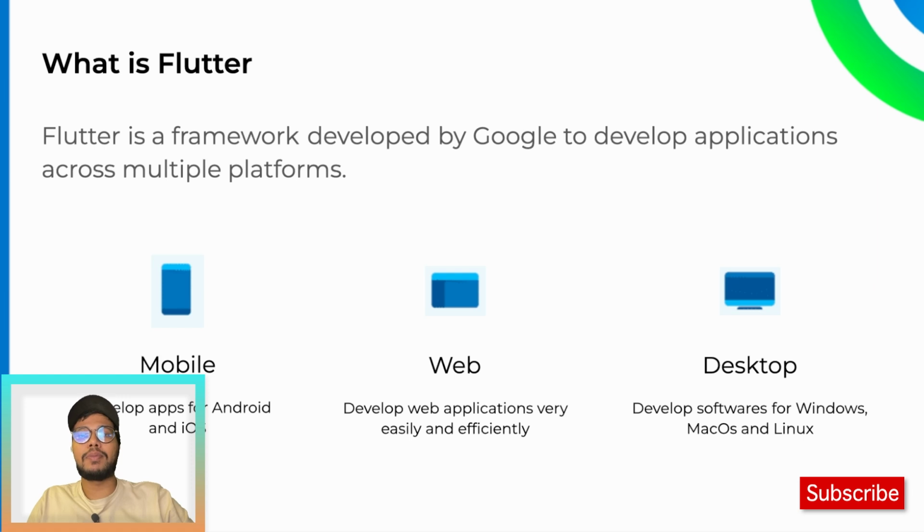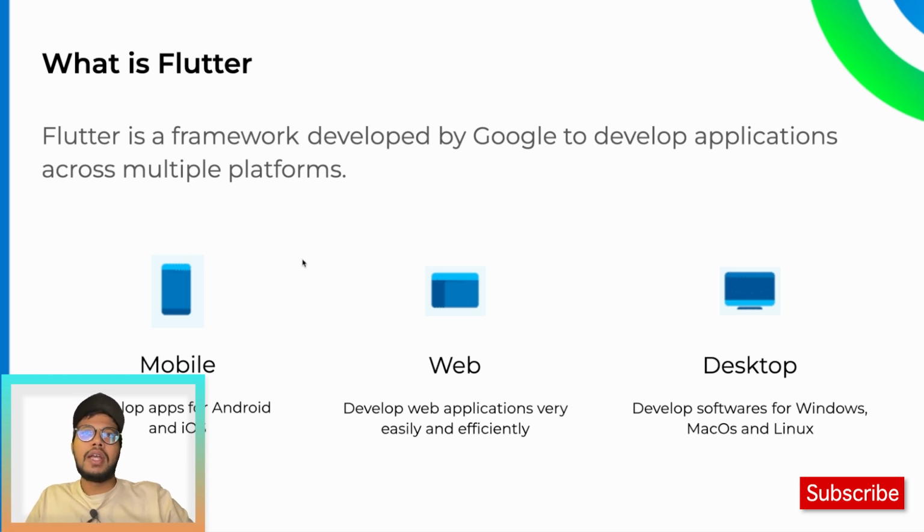Let's say that I've developed code specifically for some Android devices and deployed it into the Google Play Store. I have to make several platform-specific changes if I want to deploy the same application into the iOS App Store. So that's how it works.